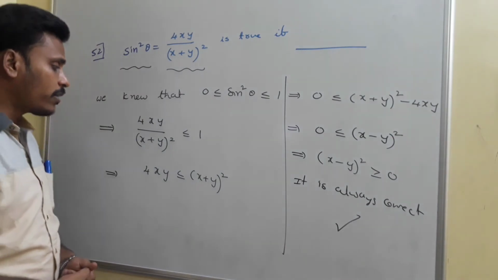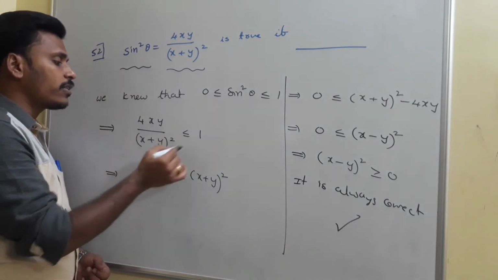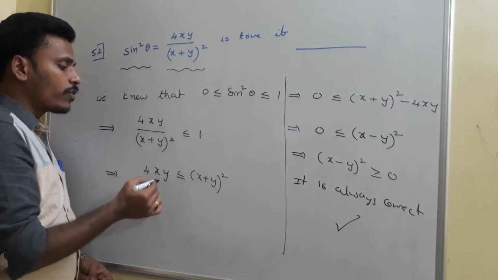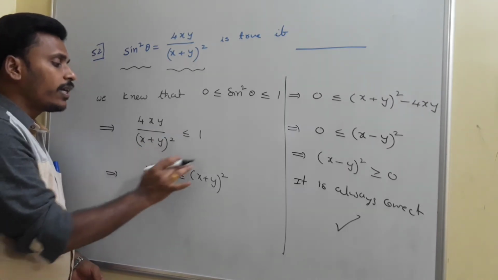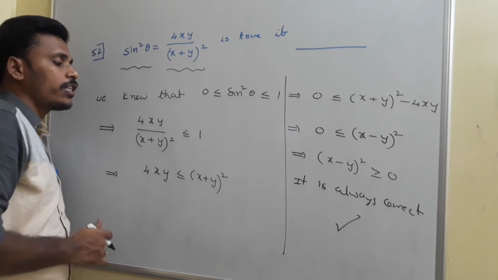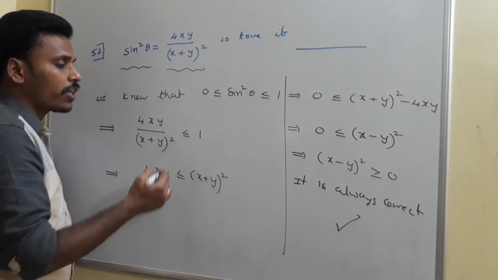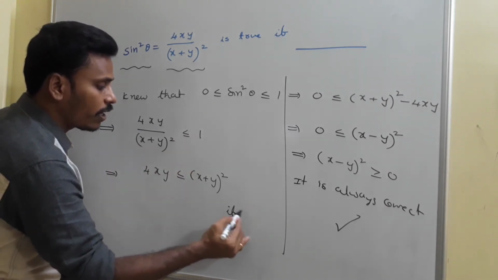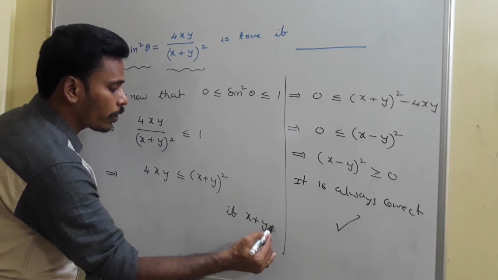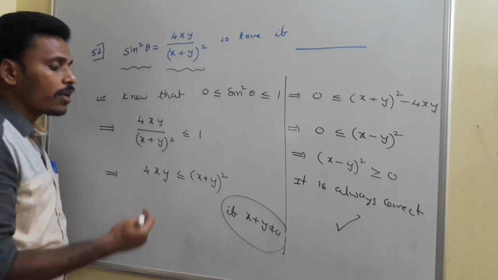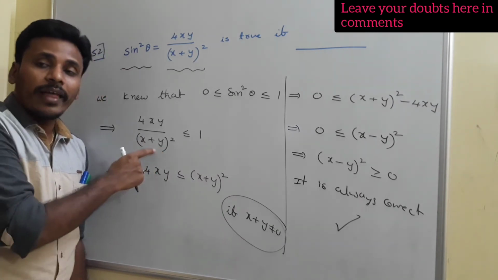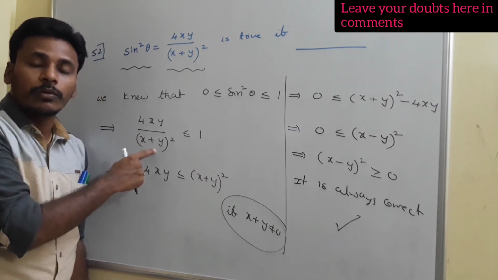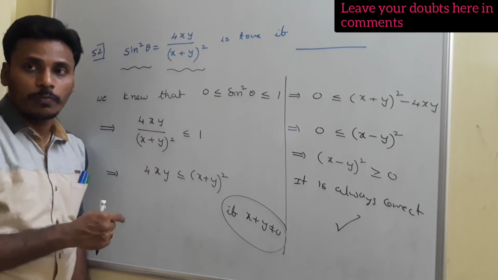But if you think once, here we multiplied both sides by (x plus y) whole square and sent it to this side. That happens only if x plus y is not equal to 0. We can do it if x plus y is not equal to 0, because if the denominator is 0, there is no possibility of multiplying both sides by 0.